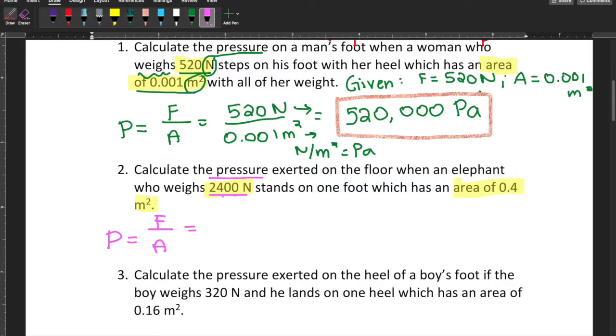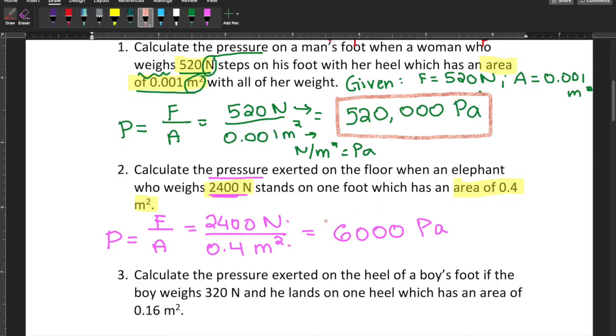Force given is 2,400 newtons over our area, which is 0.4 meters squared. We plug that in the calculator, 2400 over 0.4, and we get 6,000. Again, units being in pascals, because it's newtons over meters squared. And that is our answer over here, so I'm going to box that in.